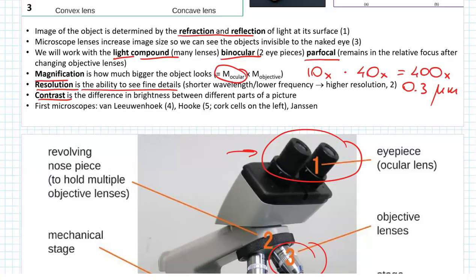Now, what about contrast? So contrast is not a tricky thing, but I have a question I want to ask you. Which molecule, which chemical compound is the most abundant chemical compound in any cell? I'm going to give you a hint.